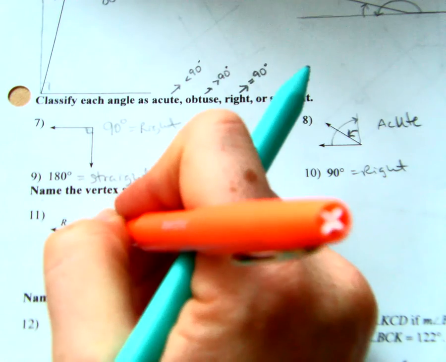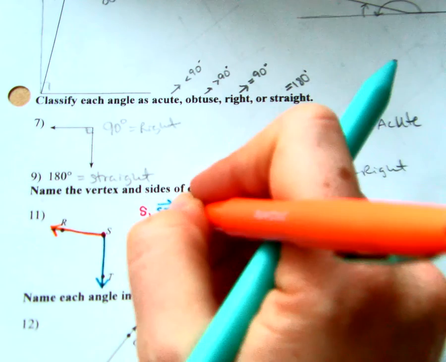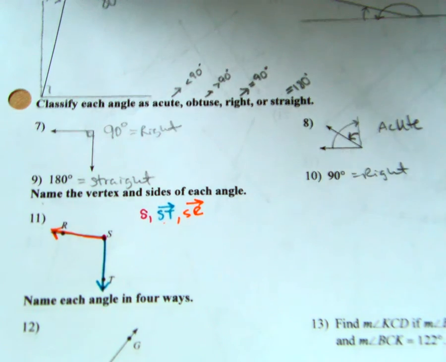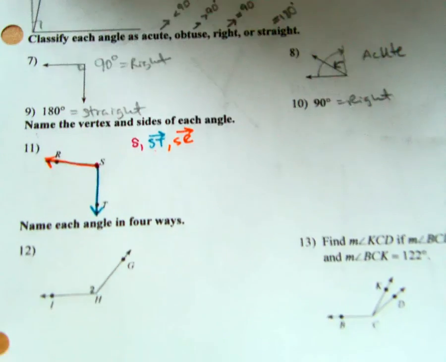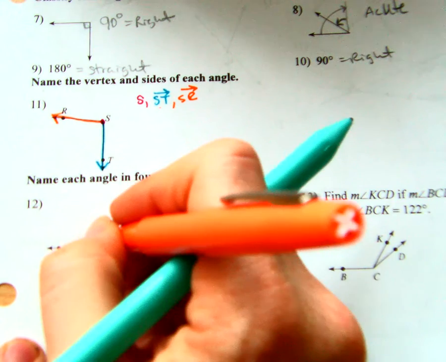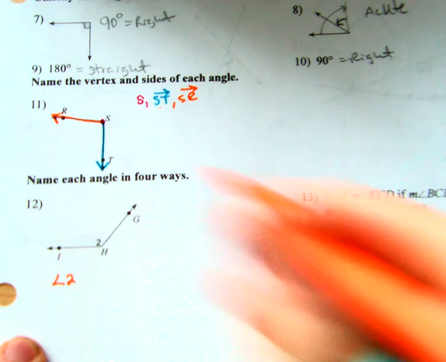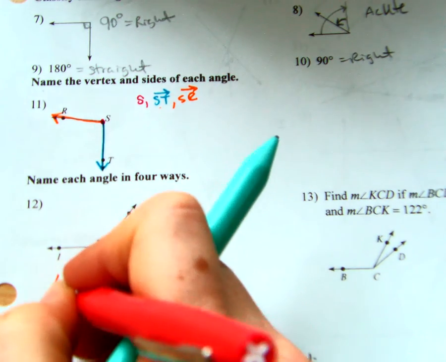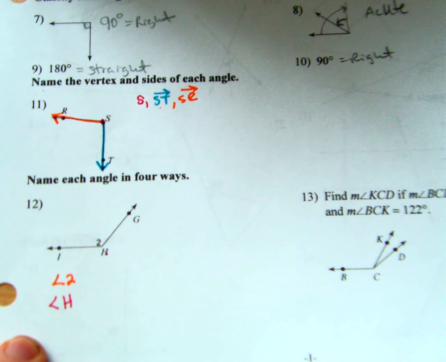And then we have a ray that is SR, that is a side. Okay, so that's how you would name them. And then the next question says name in 4 ways. So we can name this in 4 ways. We can name it with its number. We can say this is angle 2. We can name it with its vertex. We can say this is angle H. We can name it from left to right, making sure the vertex is in the middle, angle IHG.